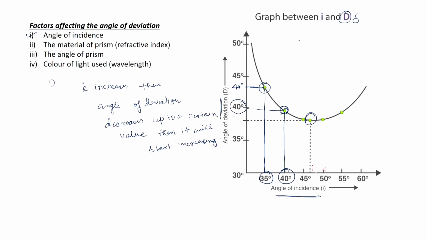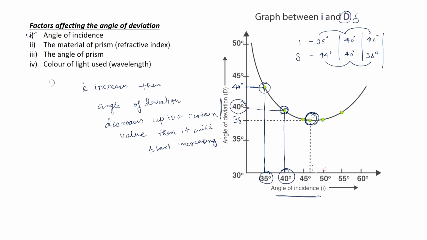Look at this, I and delta. First it was 35 degrees, then angle of deviation was 44 degrees. In the second case, when it is 40 degrees, the deviation is also 40 degrees. In the third case, consider this point, the angle of deviation is 38 degrees and angle of incidence is somewhat 46 degrees. See, angle of incidence is increasing and angle of deviation is decreasing, but up to a certain point.